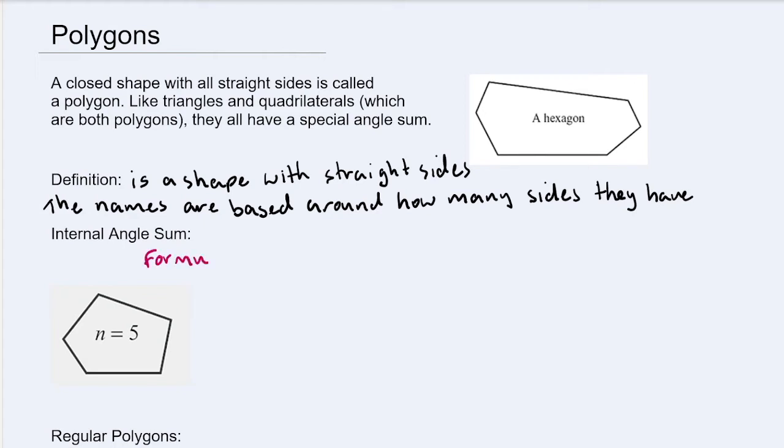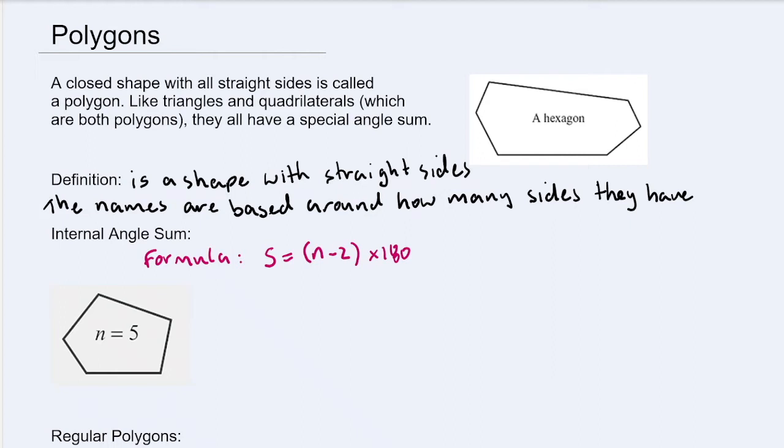And the formula for finding the internal sum of a polygon is S for sum equals n for the number of sides minus 2 times 180. So, sides in our polygon, subtract 2 and multiply that all by 180.